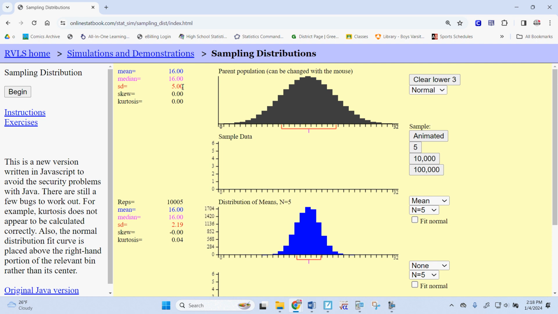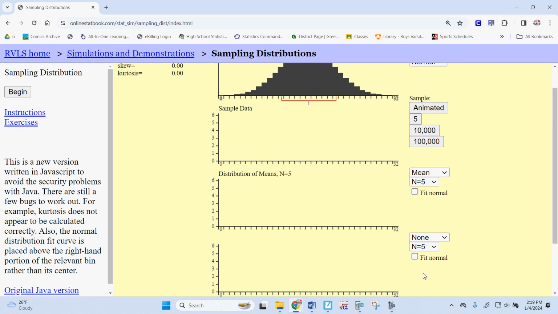But my standard deviation is much smaller because when I'm averaging this population in each sample, that averaging takes out the highs and lows, and there's not as much variation. Now, depending on your sample size, will change what your graph looks like.